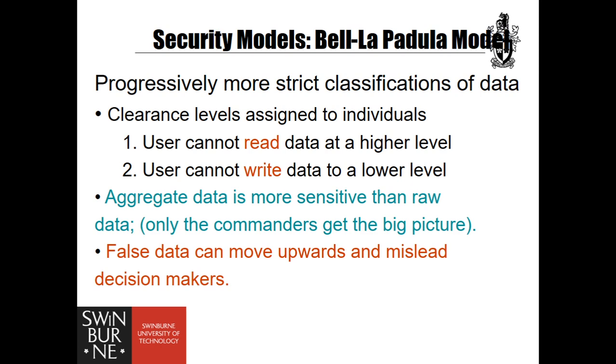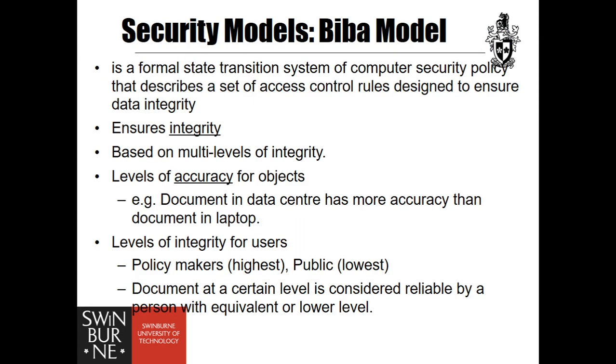It is progressively more strict classification of data, with a clearance level assigned to each individual. Users can read data at a high level, and users can write data to a lower level. Aggregate data is more sensitive than raw data. False data can move upward and mislead decision makers.